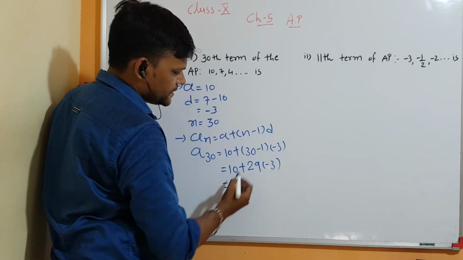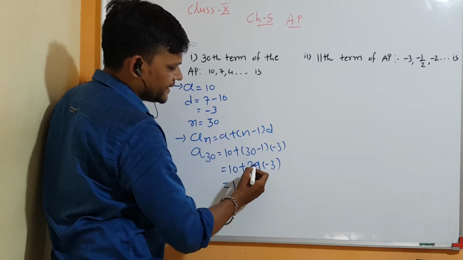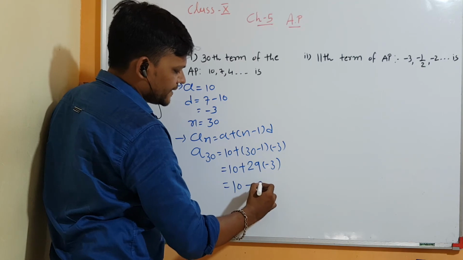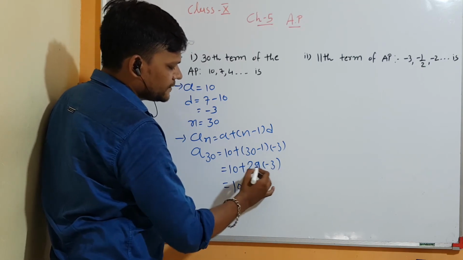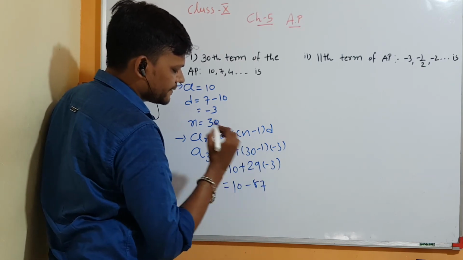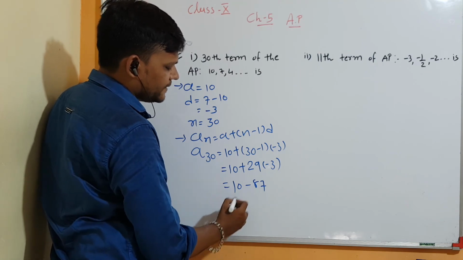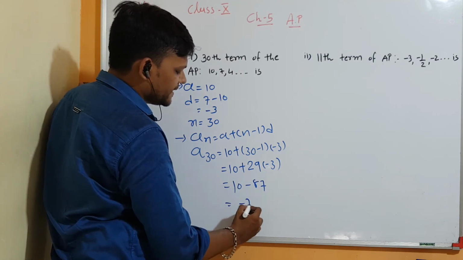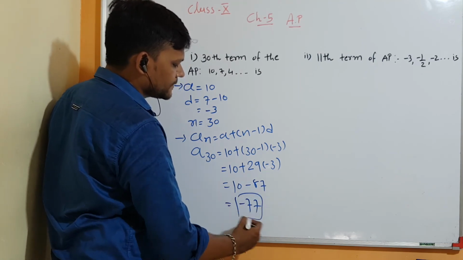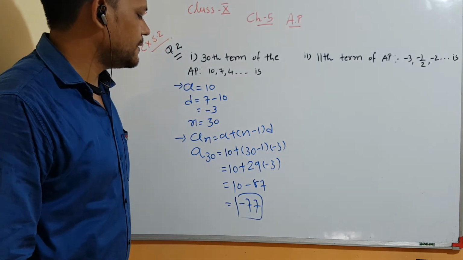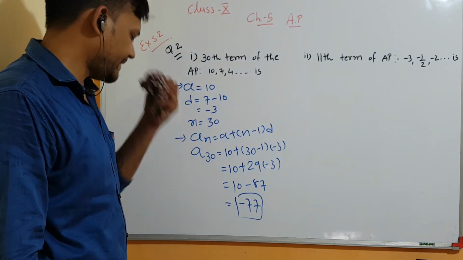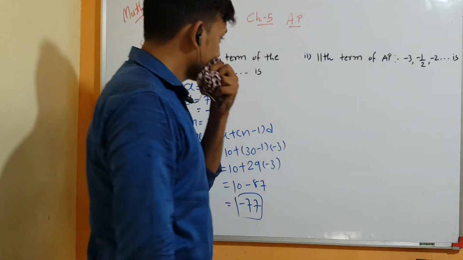So 10 as it is, plus minus minus, 29 3s are... 9 3s are 27, 2 carry, 3 2s are 6, 6 plus 2, 8, right? Now 10 minus 87 equal to minus 77, because if you subtract a larger number from the smaller, you will get the answer in negative, right?